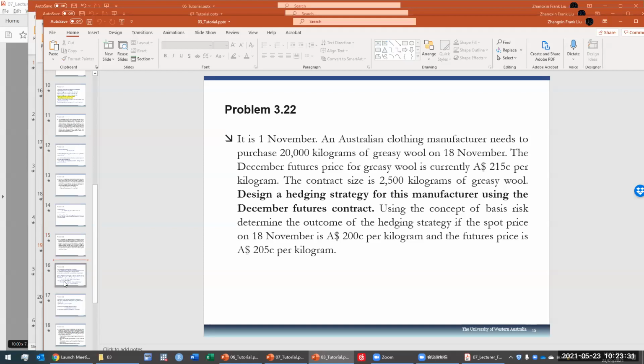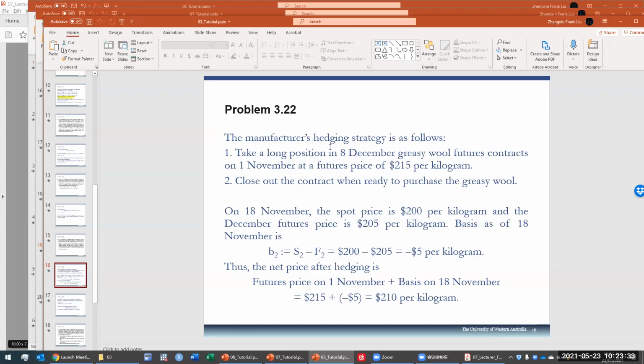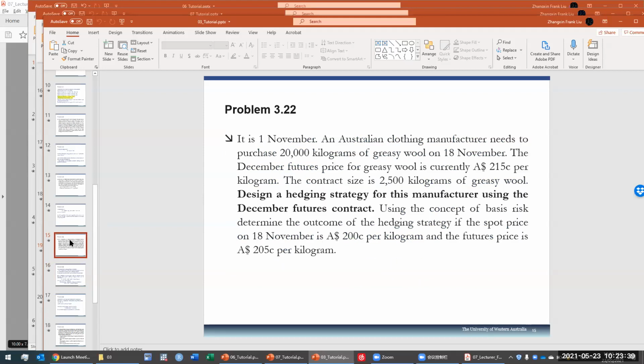So in this case, because this manufacturer needs to purchase, you can think of it as, well, if you need to buy something, that means currently you're short the position.